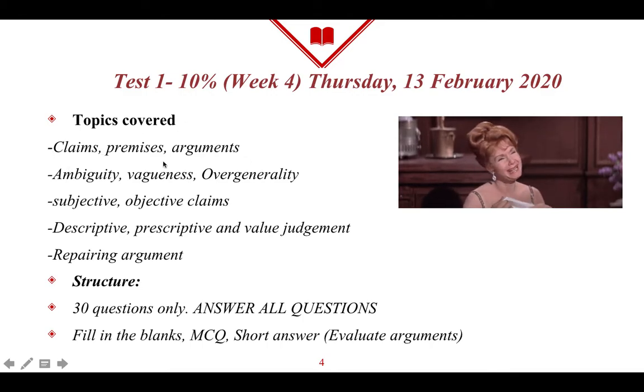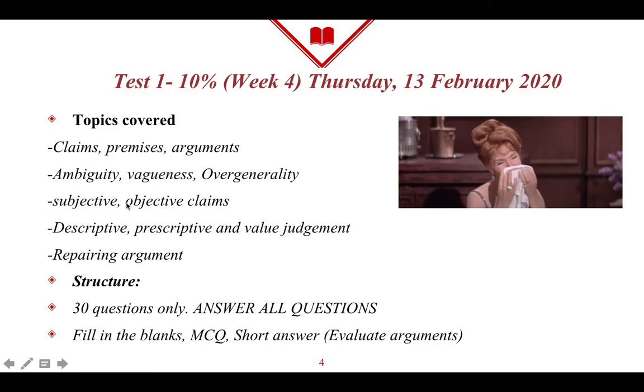Next, we also will be testing whether or not you can tell us if that is an argument or not. If it is an argument, you have to tell us what the premises are and what the conclusion of the argument is. All right, and then we want you guys to be able to differentiate if the sentence or the claim is ambiguous, vague, or overgeneralized.